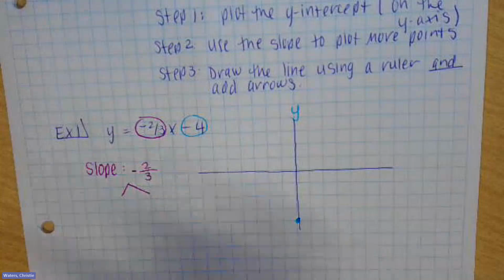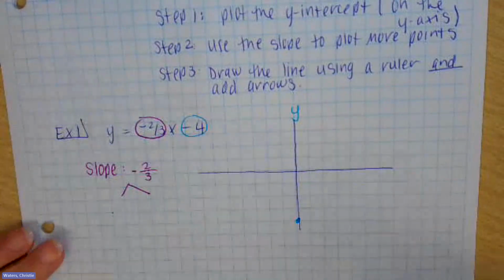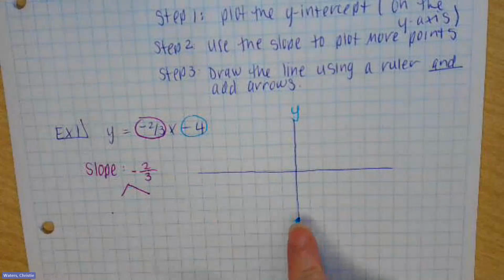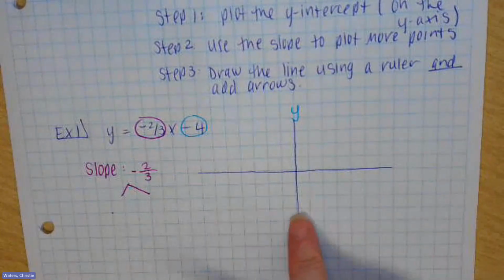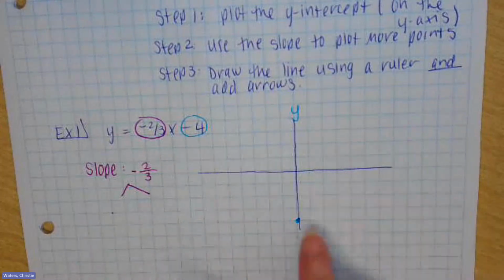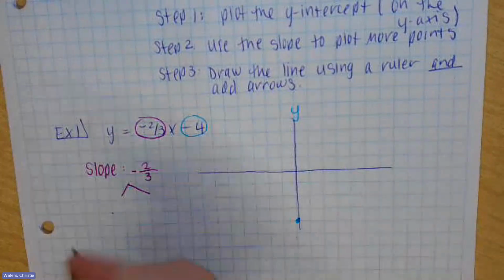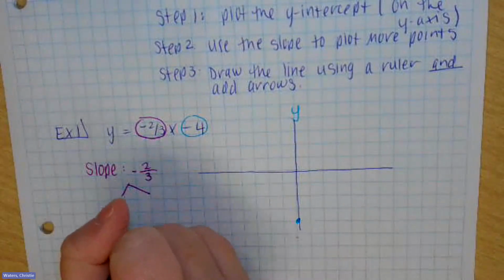So on all of our examples today, we're actually going to find two different slopes because every line can go two directions. When we are going through this point right here, we can go this direction or we can go that direction. So we could use our slope to take us to the right or to take us to the left. So we are going to use or write both of those down.